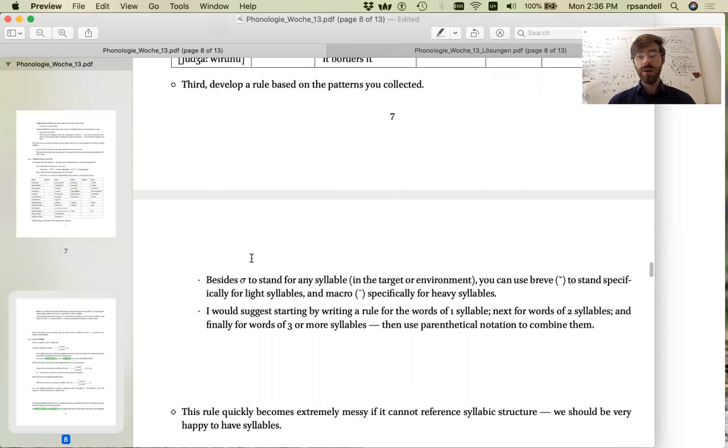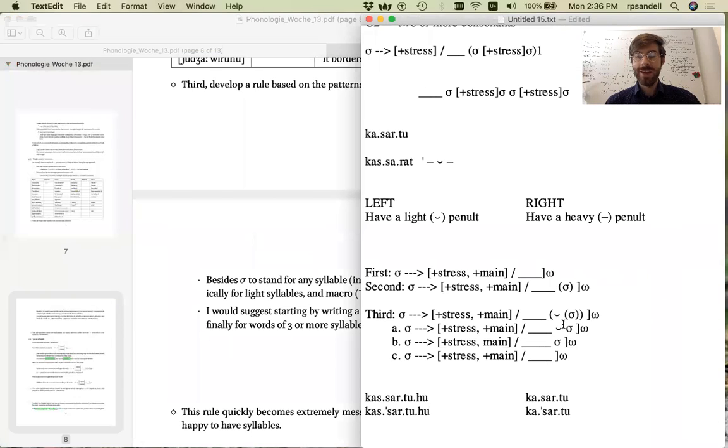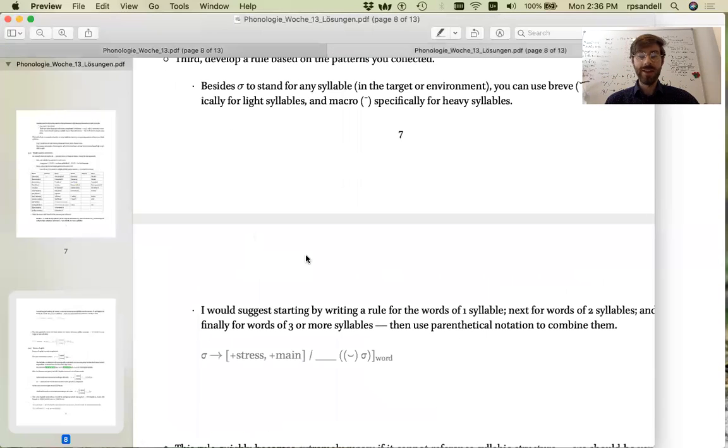Theoretically, it would also be possible to write a rule which just refers to sequences of consonants and vowels, but it becomes extremely messy and complex without having syllables and using this notation of a breve and a macron to distinguish between heavy and light syllables.